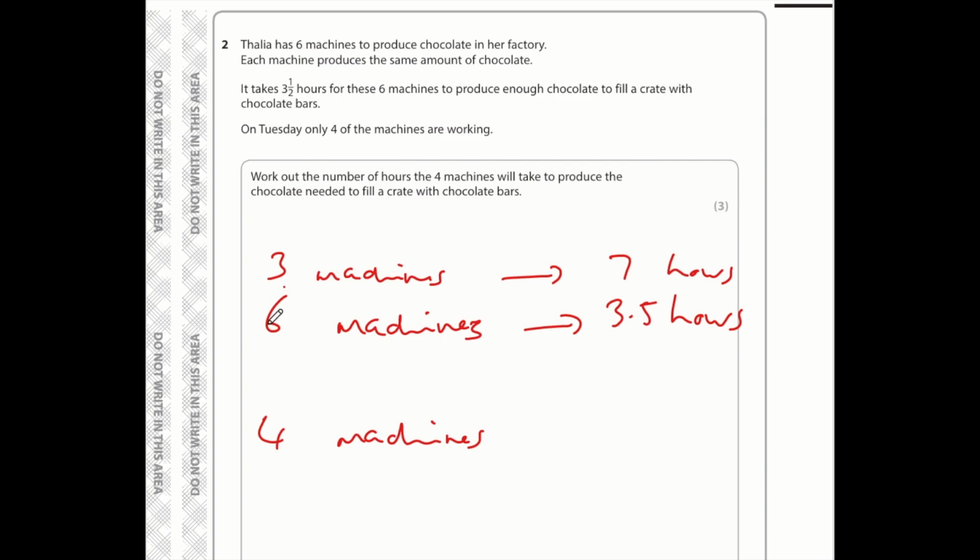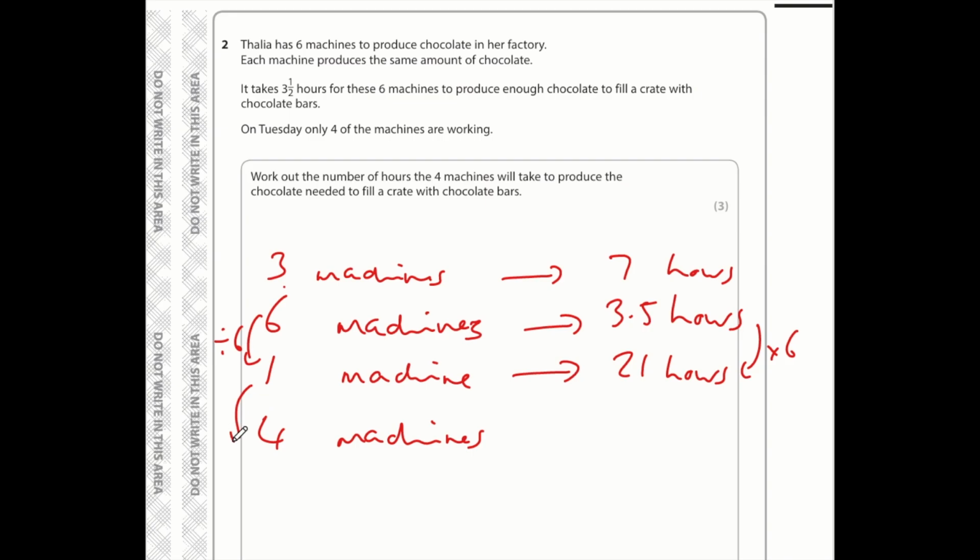Now, how do I get from 6 to 4? Well, difficult. So what we need to do is work out how long it would take if there was only 1 machine in operation. If there's only 1 machine, that is 6 times fewer machines, so we're dividing by 6. Therefore, we need to multiply 3.5 by 6, and that would be 21 hours. So for the same job, if it takes 6 machines 3.5 hours, 1 machine would take 21 hours.